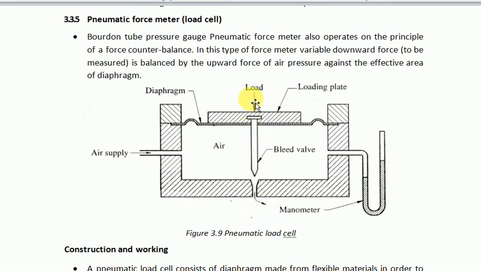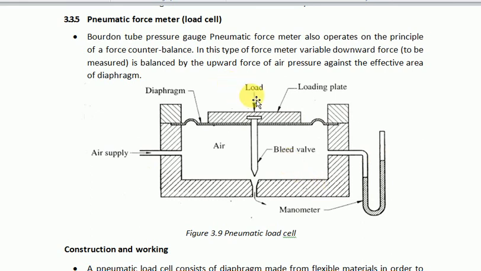Now when the load is applied on this, what will happen? Slowly this bleeding needle will come down and set in this, and this will reduce the area, and as the area is reduced, whatever the air is entering will create a pressure on this manometer on this side, and that deflection will be measured and calibrated to calculate the force.